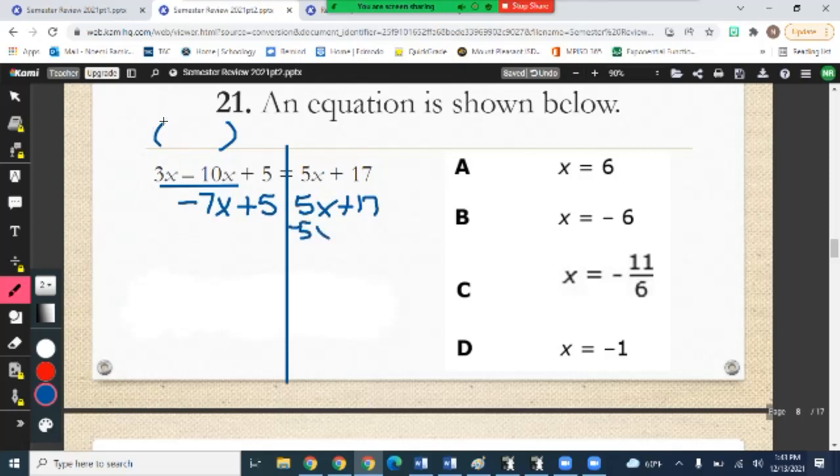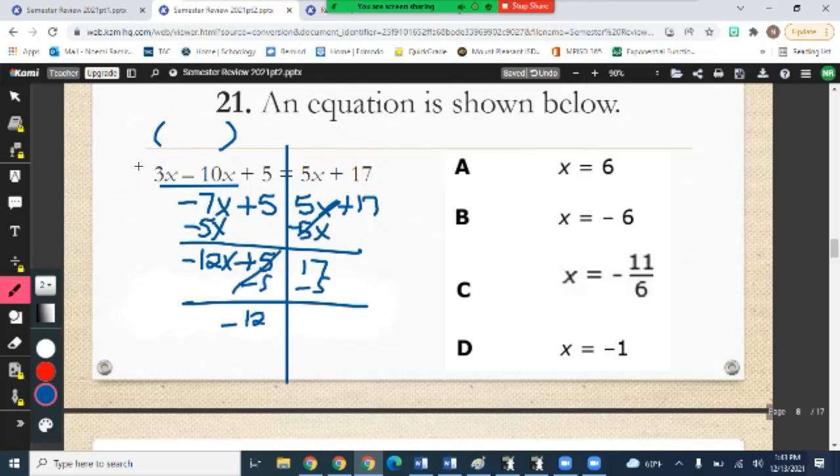Minus 5x, thank you. I actually heard it. So negative 7x minus 5x gives us negative 12x, bring everything else down, bring down that 17. Now what? Minus 5. That's a positive 12. Now last step. And you get x is equal to negative 1.